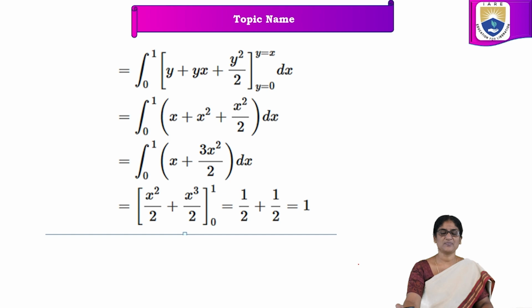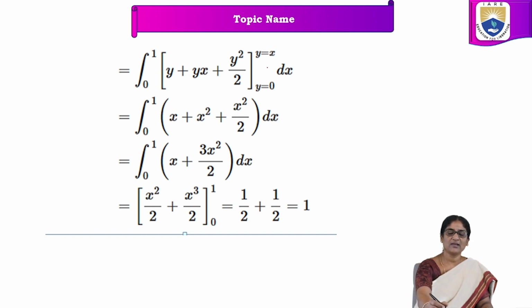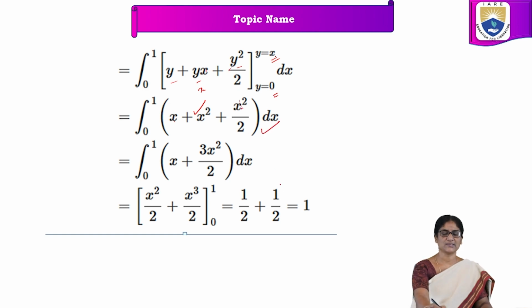So x plus x square by 2, that means we are substituting the limits of y, upper limit x and lower limit 0 here. After this, the variable y is totally converted to x: x plus x square plus x square by 2 into dx. So x plus 3x square by 2 into dx.